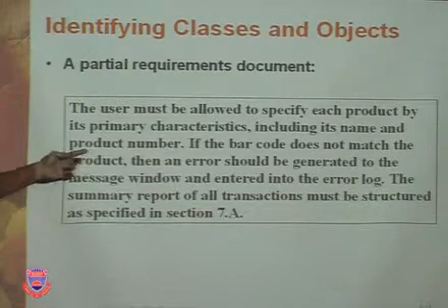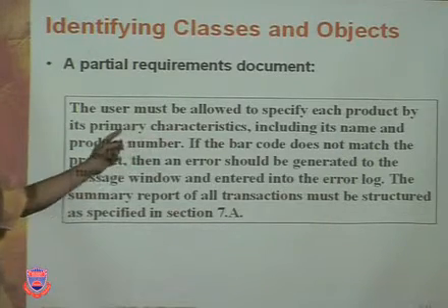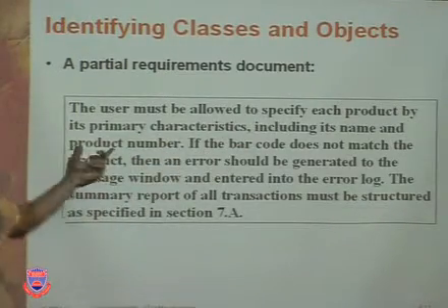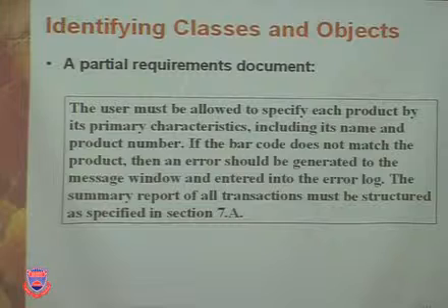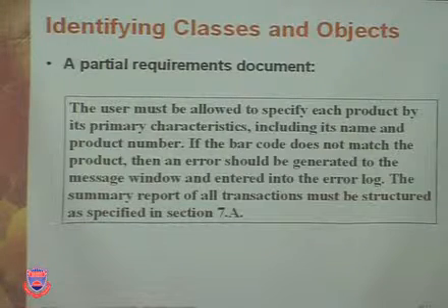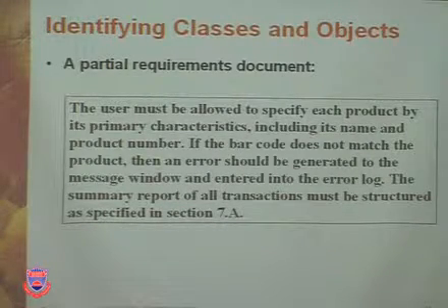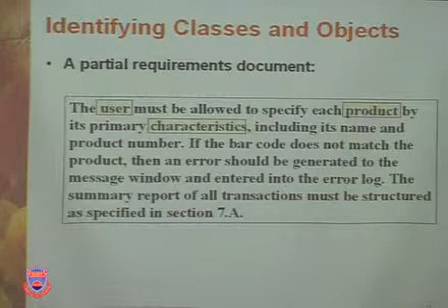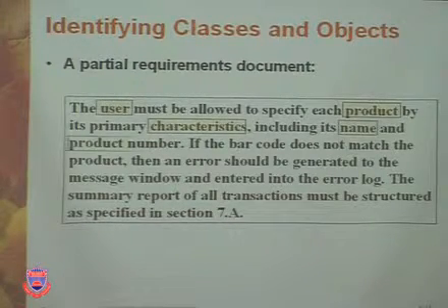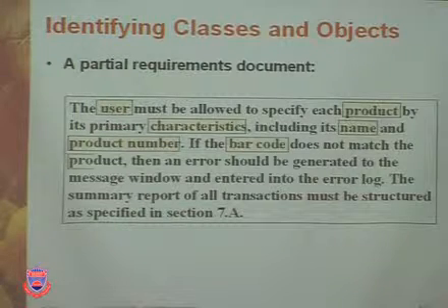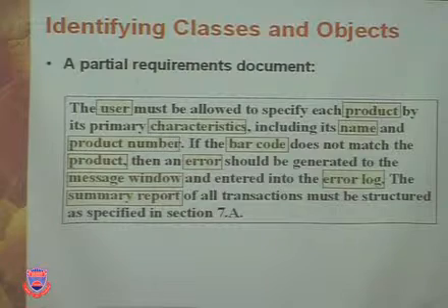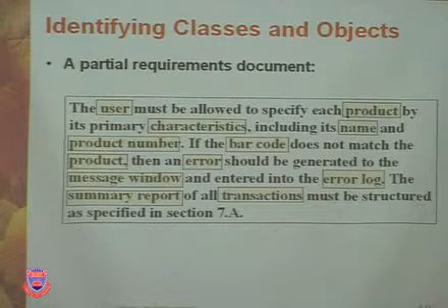So here you see that in product it says the primary characteristics include name and product number. So you probably have a class for product which has a name and then a product number. So usually once you look into the requirements document, you can at least have an idea which one of these are going to be your actual classes or objects.